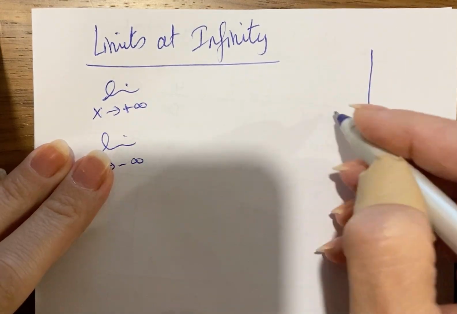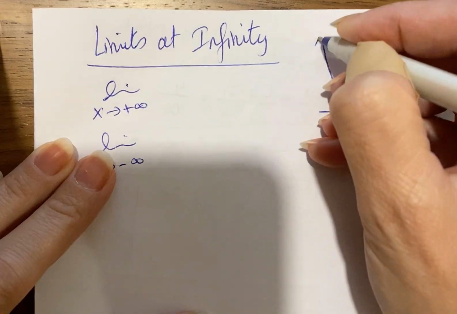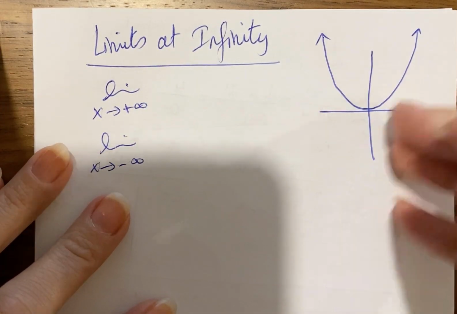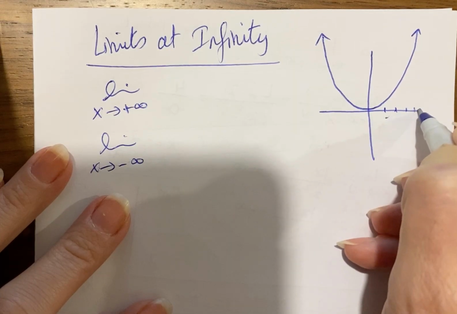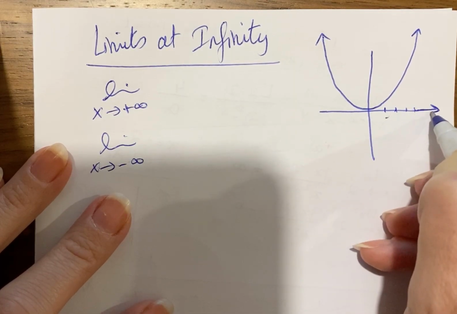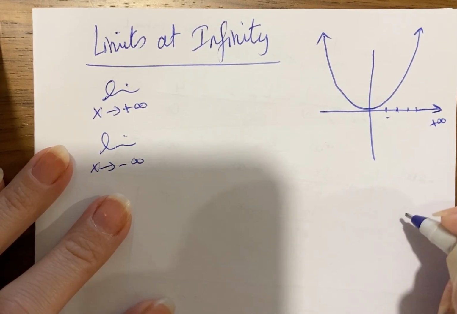See, a function, for example, let's look at x squared. We put those arrows to say that it continues. So as x grows, here x will grow all the way, all the way, all the way. This arrow, what does it mean? It means it continues. So this will continue all the way to where? To plus infinity.